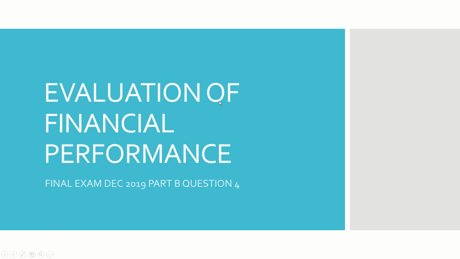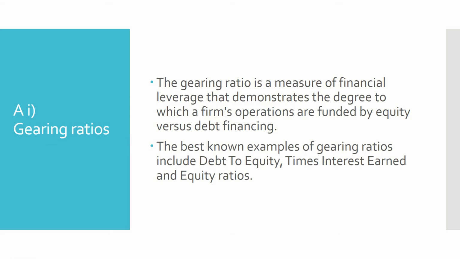Now I will explain the answer for question 4, part B from December 2019 past year exam question paper. A. Briefly explain gearing ratio. Gearing ratio is a measure of financial leverage, also known as leverage ratio.